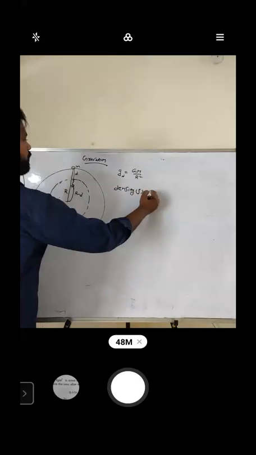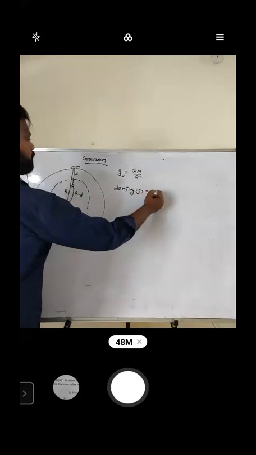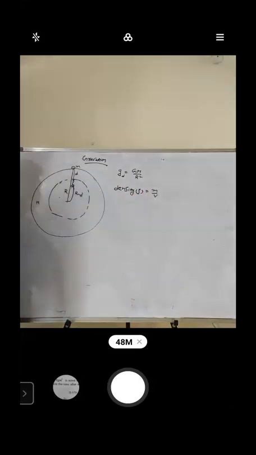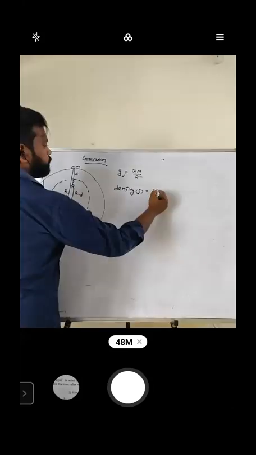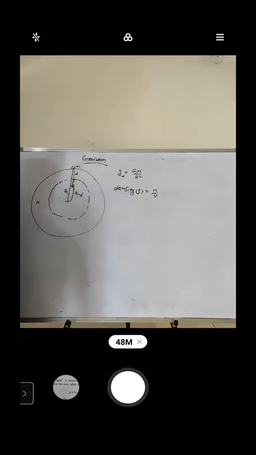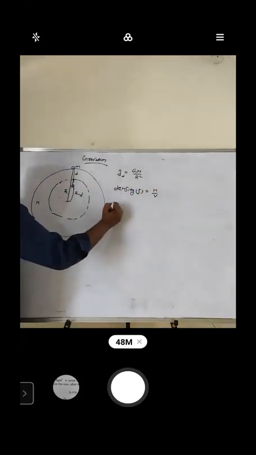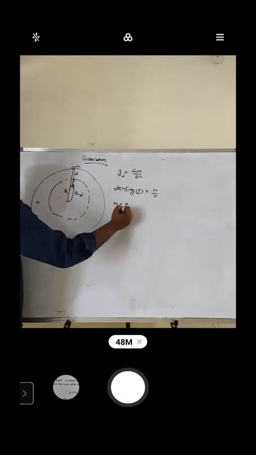What is the unit of density? Kilogram per meter cube. So you can write mass equals density into volume.